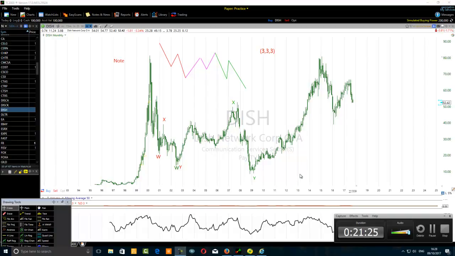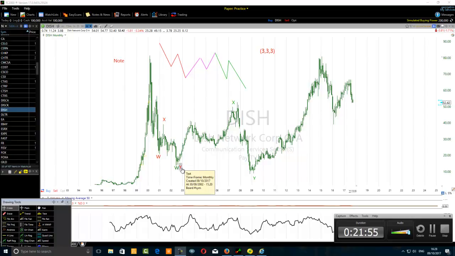As I told you before, we have four essential corrective waves: the zigzag pattern, the flat correction, the triangles, and the combination. And the WXY is a combination, a combination of two corrective waves linked by the X wave. As I demonstrate to you here on this chart, we have the W red, the X red, and the Y red.